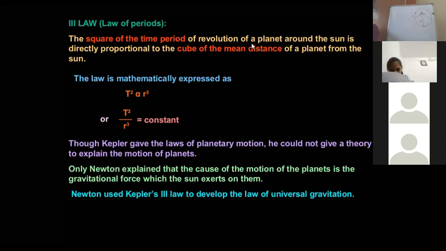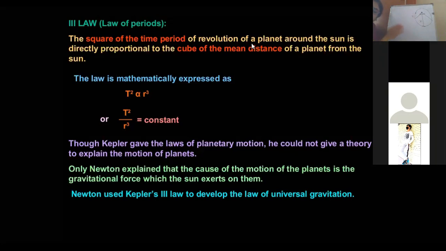Let me tell you that the time period changes with the planet. It's not constant for all the planets. Every planet has its own time period, and even every planet has its own average mean distance from the sun. If we see the orbit of Mercury, it's quite small. Compared with Earth's orbit, Earth's orbit is the bigger one.